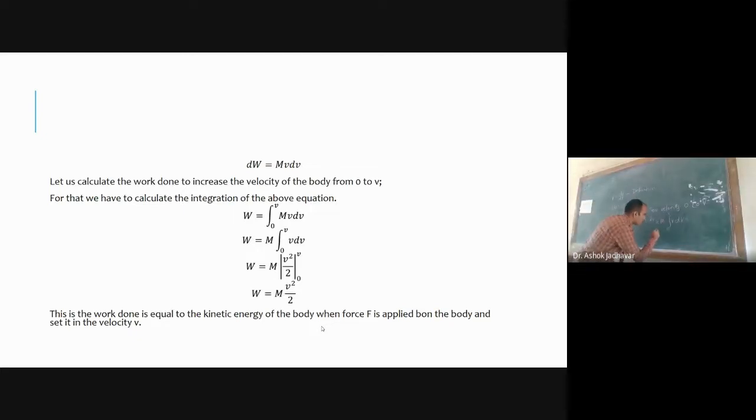Yes, good. So W is equal to m as it is, and here we will have v square by 2, where the limits are 0 to v. We have to substitute limits. If I substitute upper limit minus lower limit in the answer of this integration, then I will get m times v square by 2 minus 0 square by 2.